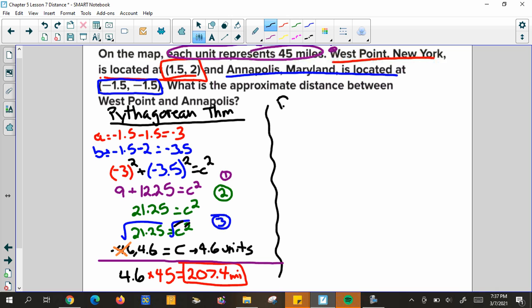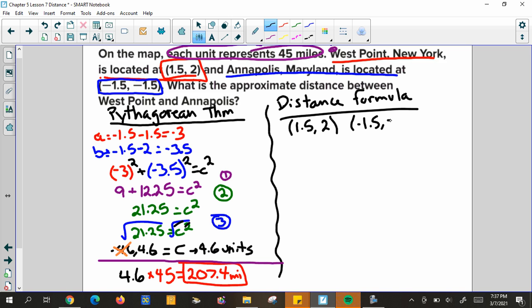Let's see if we get the same thing with the distance formula. The one thing with distance formula I will say is, with the 2 points they gave us, it would be a good idea to label x1, y1, x2, y2.